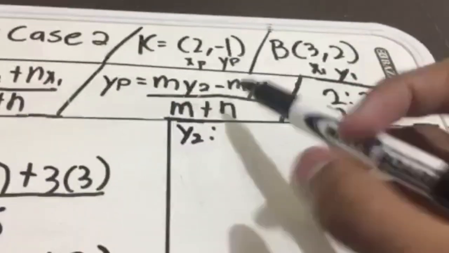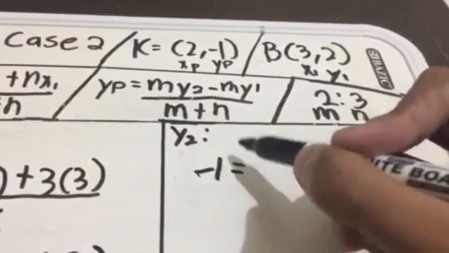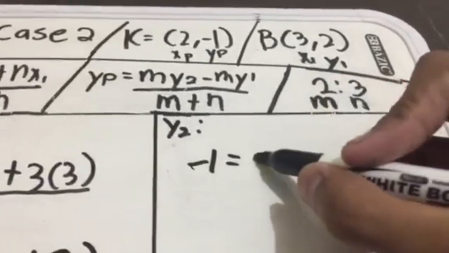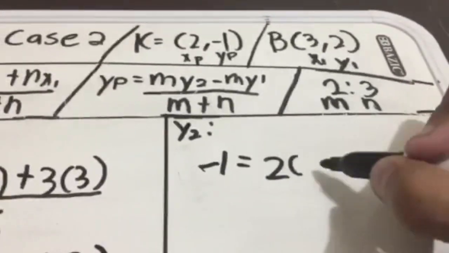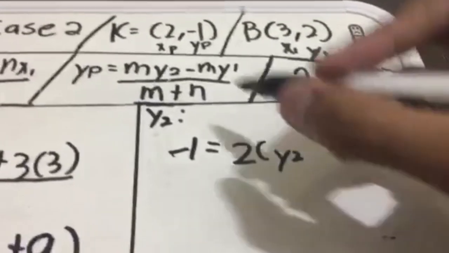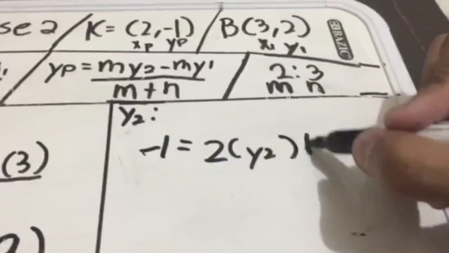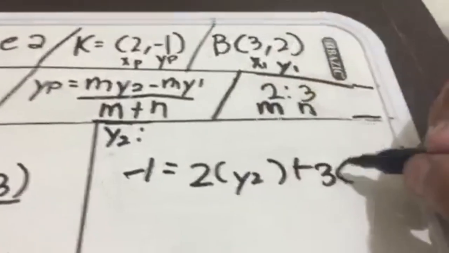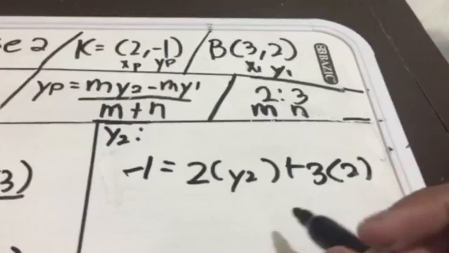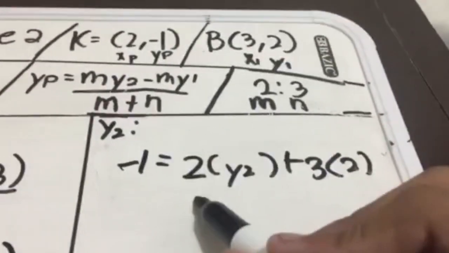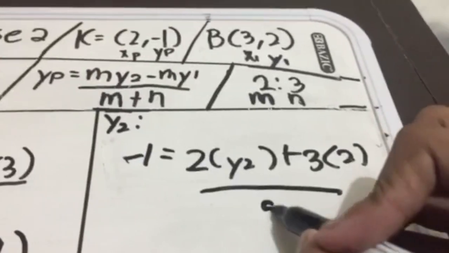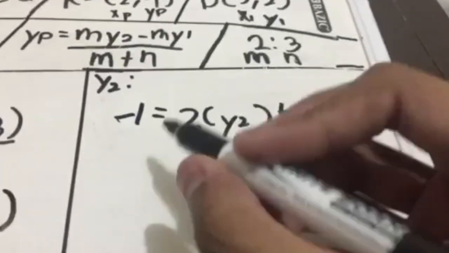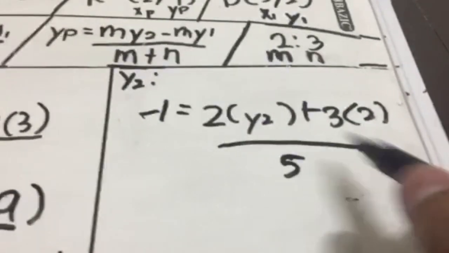So y sub p, negative 1, is equal to m, 2, times y sub 2. There's no y sub 2 value yet because we are looking for it, plus 3 times 2, and 2 plus 3, which is m plus n, is already equal to 5. Then we again multiply both sides by 5.